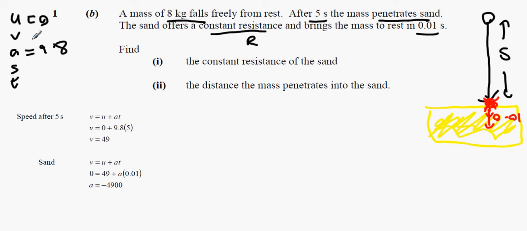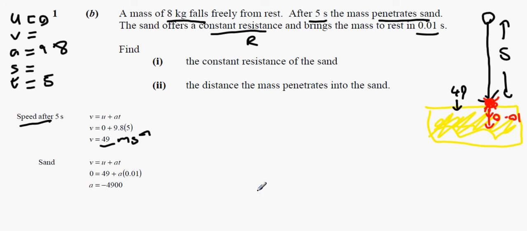We don't know S, but we know T equals 5 seconds. So we can use the speed after 5 seconds: V equals U plus AT, V equals 0 plus 9.8 times 5. The velocity it hits the sand at is 49 meters per second.